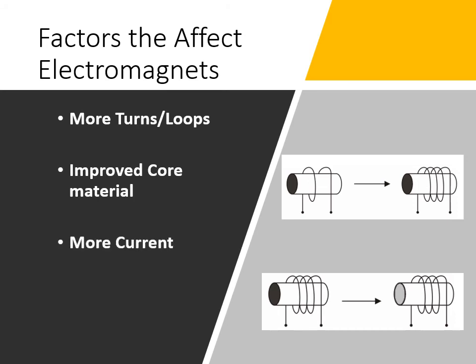Finally, current passing through the conductor is actually what creates my magnetic field. So, as I increase current, I increase the magnetic field. I cannot increase the current indefinitely.